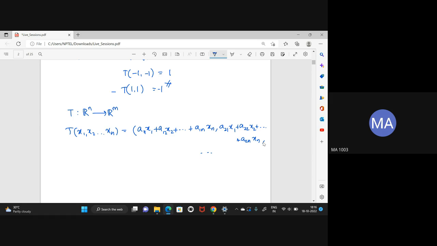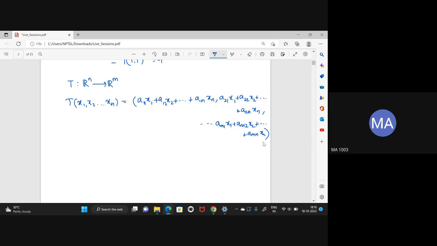I'm going to have m components, right? Because it's an Rm. A linear transformation is going to look like this from Rn to Rm, right?